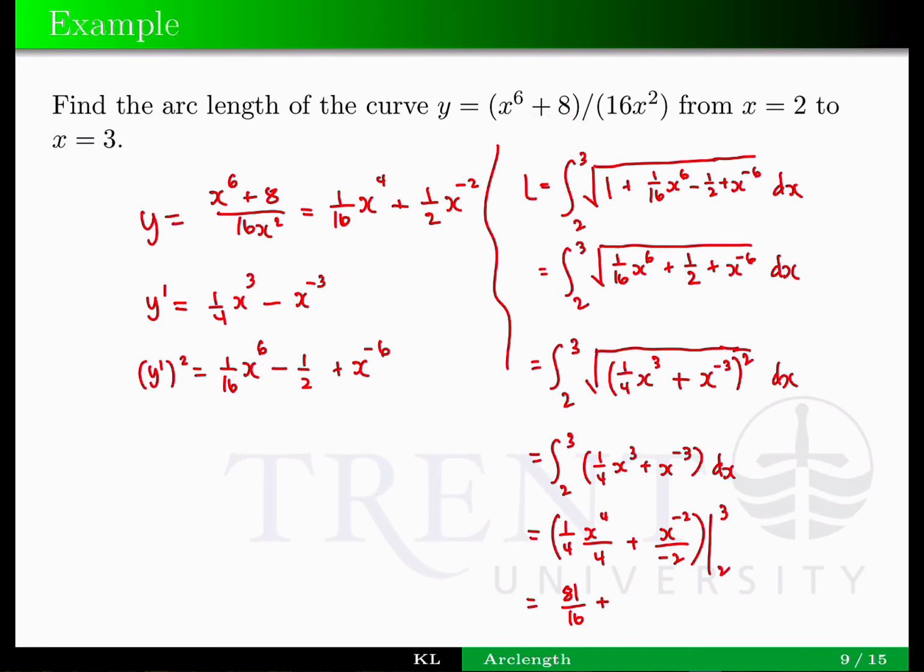You can put this one on the denominator, and this is a minus, so let's just put the minus. We have minus 1 over 2. So we are putting this on the denominator. That becomes 3 squared, which is equal to 9.